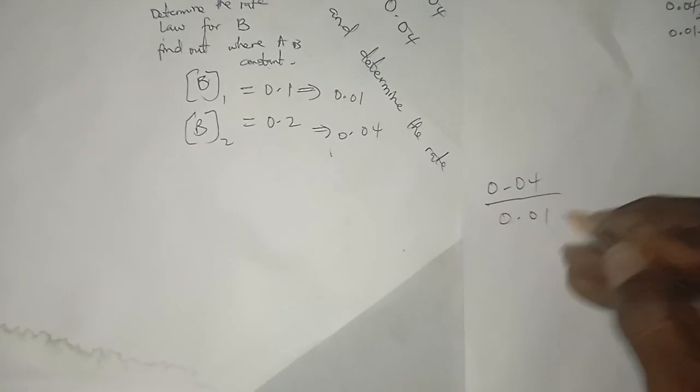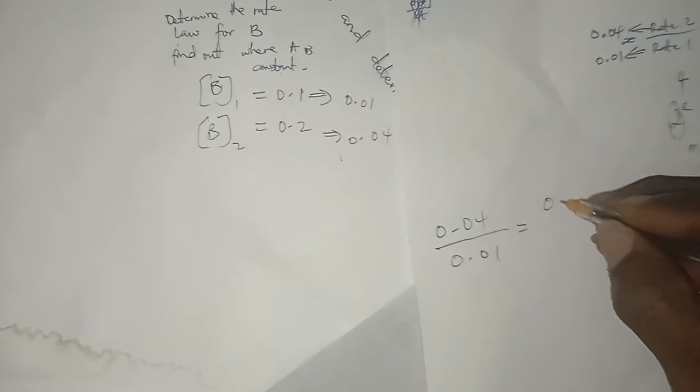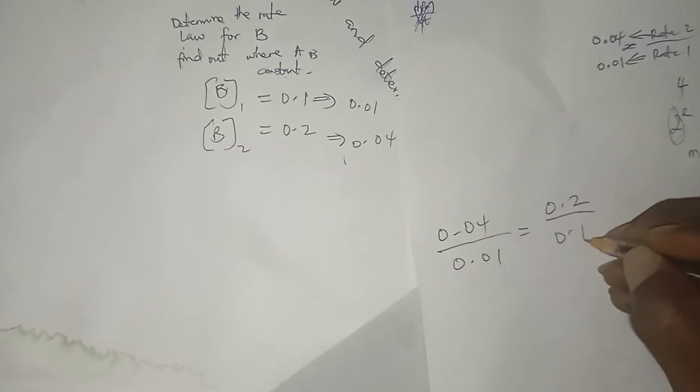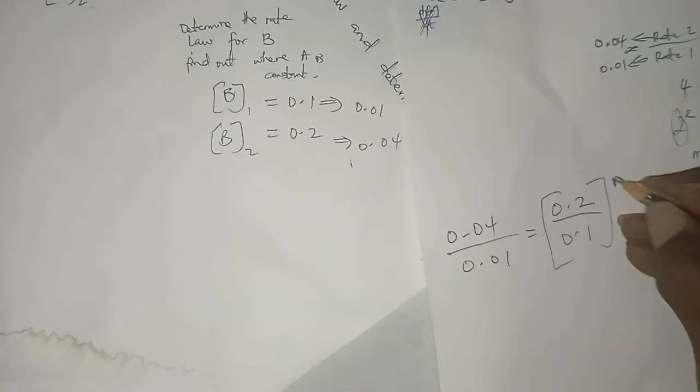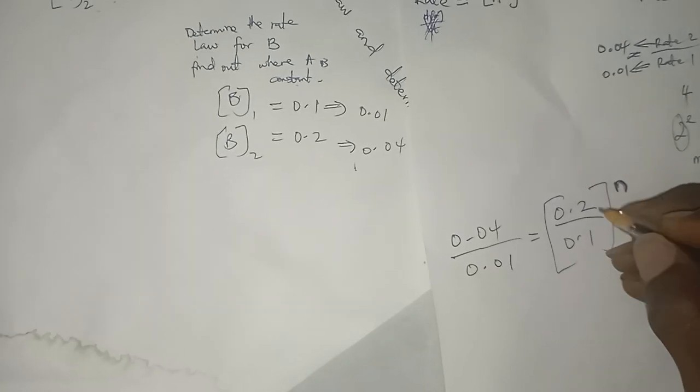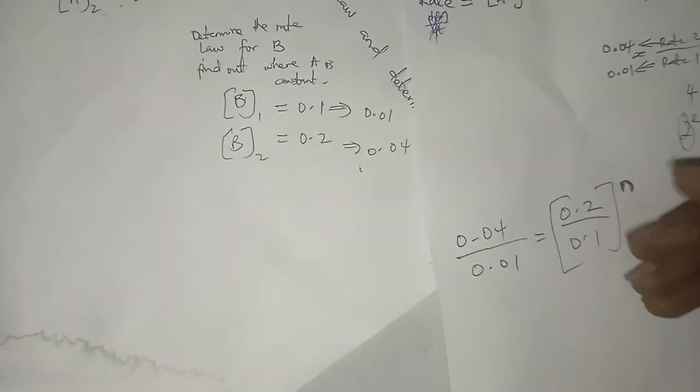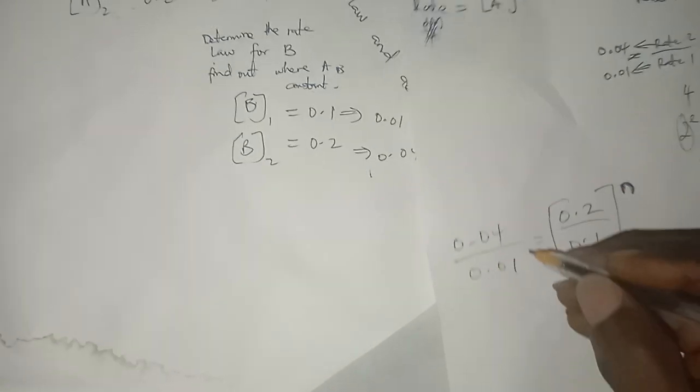The second rate is 0.04, so I will say 0.04 all over 0.01 is equal to 0.2 over 0.1, all raised to power n. This time around I'm using n, because I can't use what I used for the other one, since I don't know it. So I need to get that.